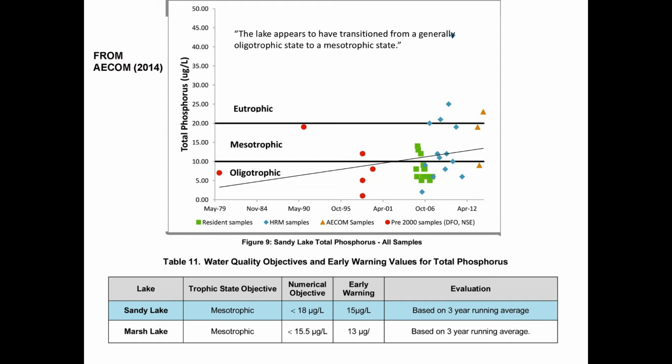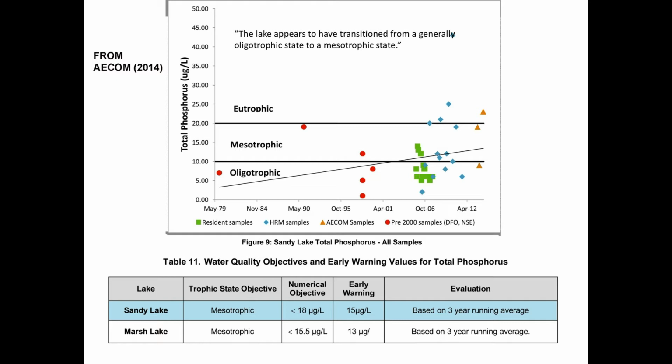The aquatic people found that they can relate this overall condition to the total phosphorus. It's a measurement they take from the water, and when ECOM looked at the historical data, they could see that the lake had generally moved from oligotrophic to mid-mesotrophic between 1979 and 2012. So that's the historical picture.